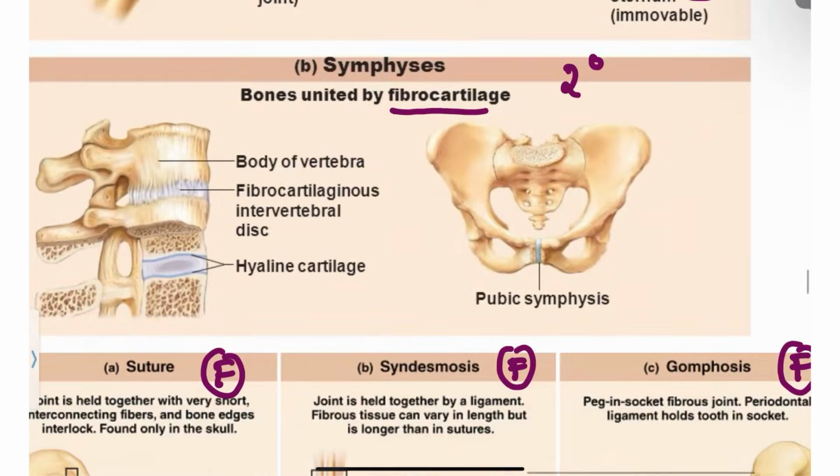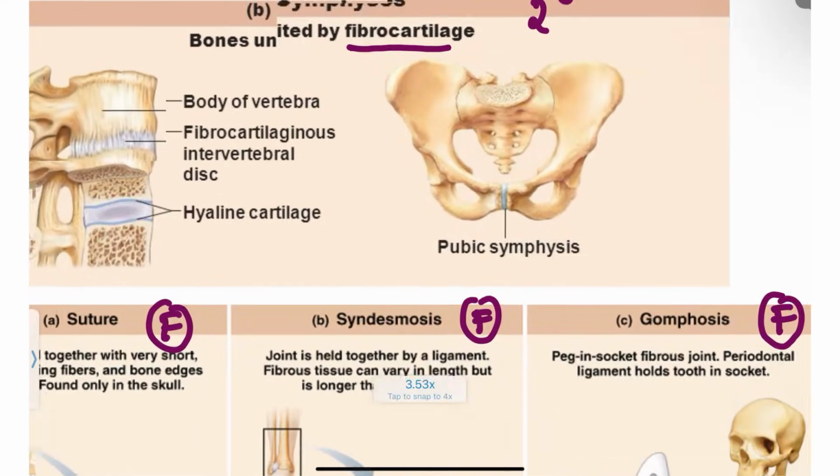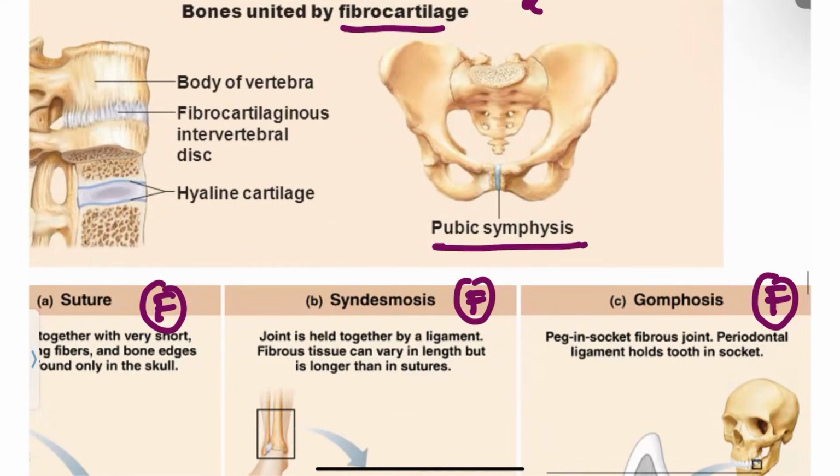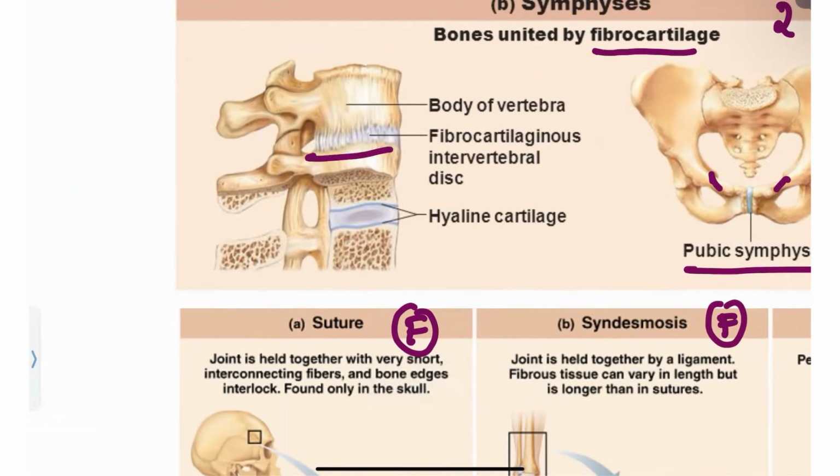Next, symphysis. One example is the pubic symphysis, which connects both pelvic girdles, and also the vertebrae are connected by fibrocartilage, that is the intervertebral disc. These are the two structures present here.